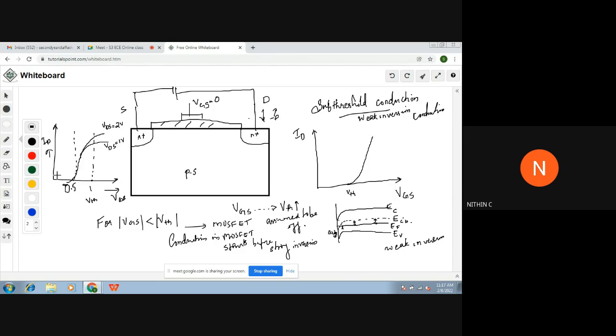Yes, you can draw this, and this is the sub-threshold conduction.